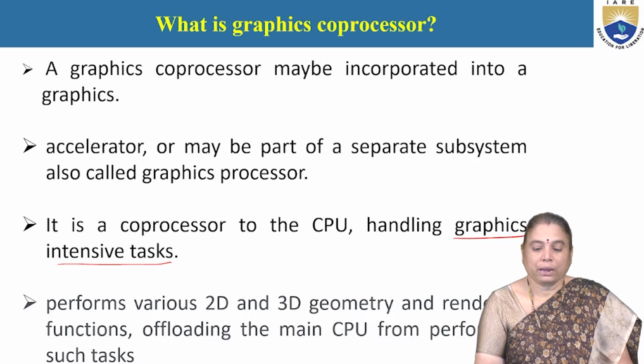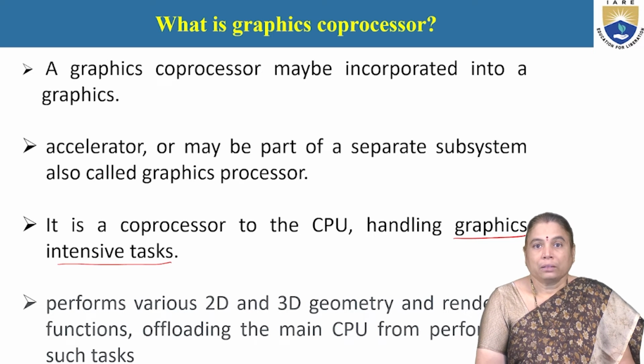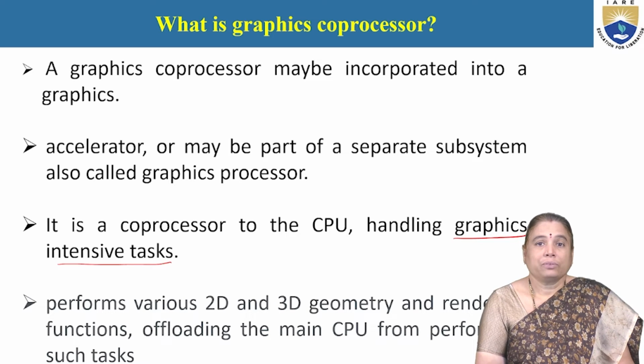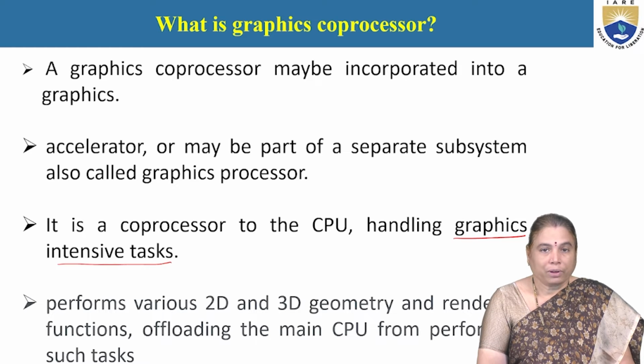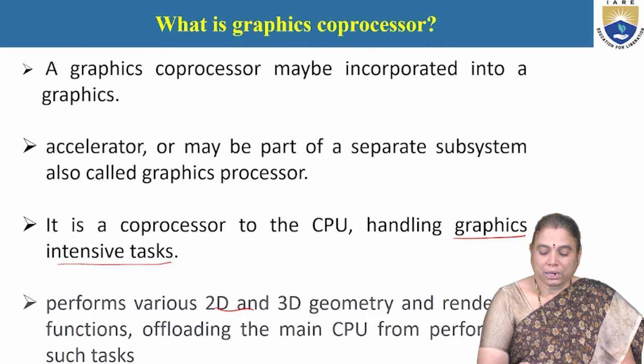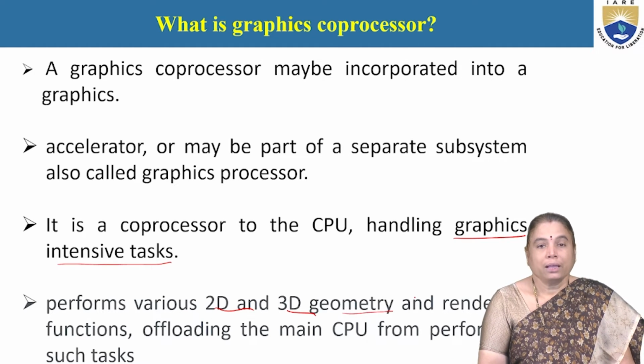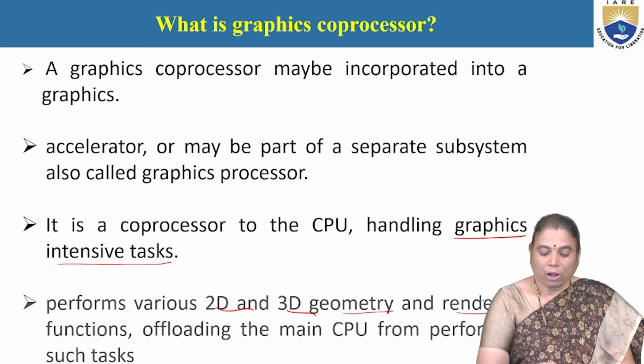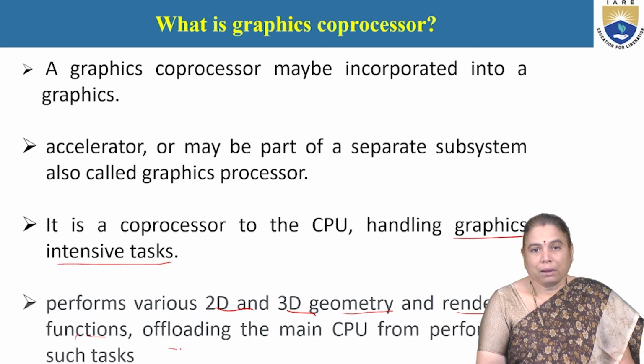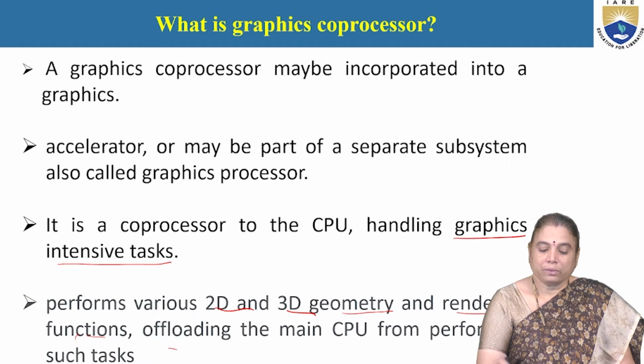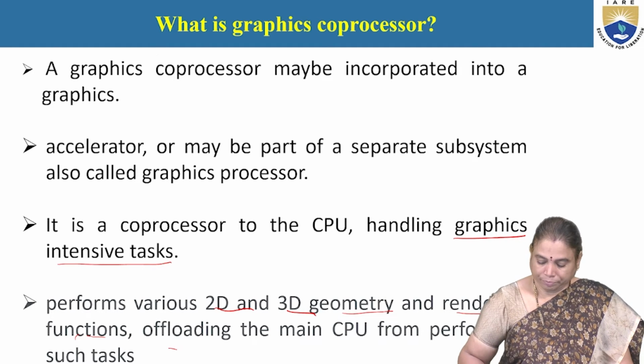It performs various 2-dimensional and 3-dimensional geometry and rendering functions, offloading them from the CPU. With the help of the CPU, the graphics coprocessor can perform all these graphics-intensive tasks.